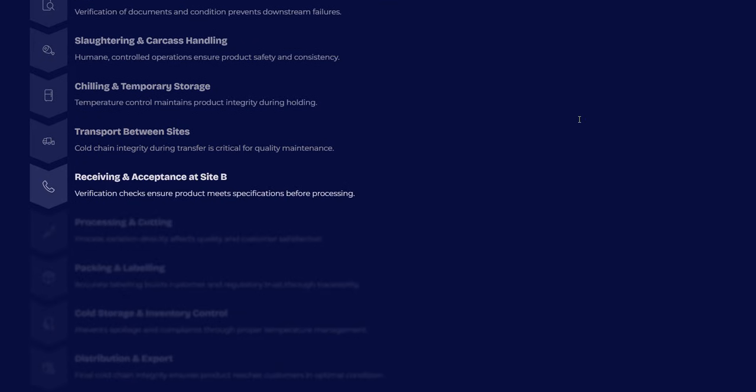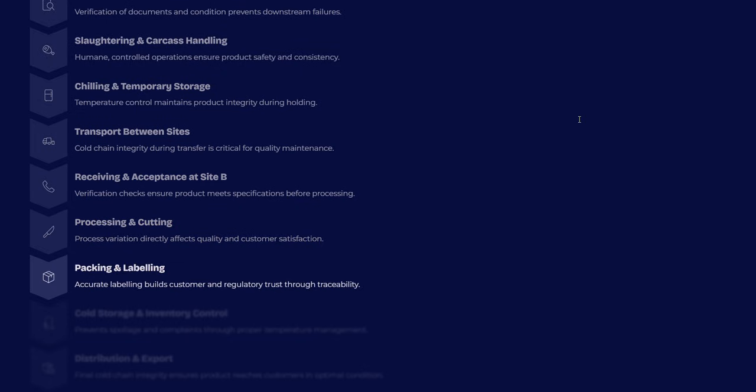We have receiving and acceptance at site B, verification checks to ensure product meets specifications before processing here. The other step, which is processing and cutting at site B, process verification directly here affects quality and customer satisfaction.